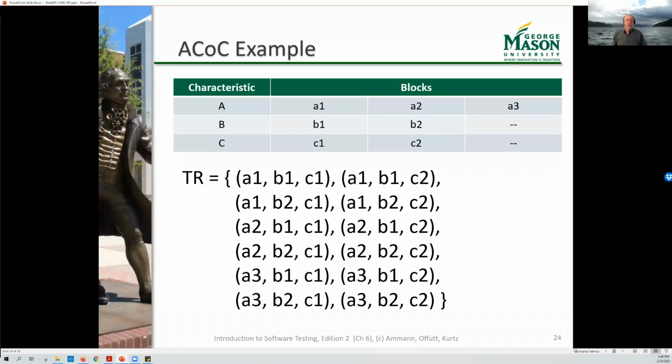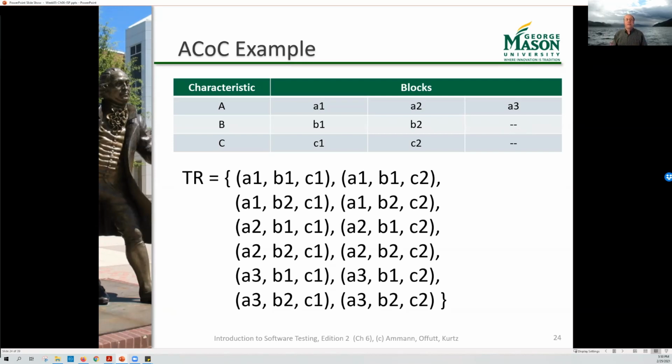So here's an example of all combinations coverage. We're going to go a little abstract here. And so I've got 3 characteristics, A, B, and C. A has 3 blocks. I don't care what they are, it just has 3 blocks. B has 2 blocks and C has 2 blocks. Now I want to point something out in this table. If you look over here on the right side of the table for B and C, I have denoted these with dash dash.